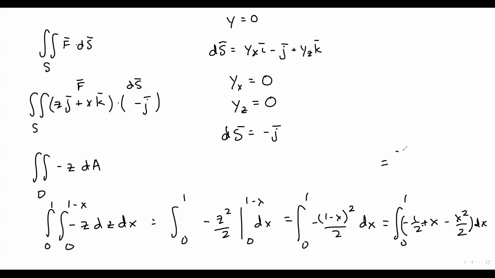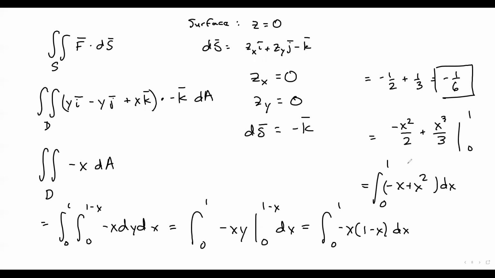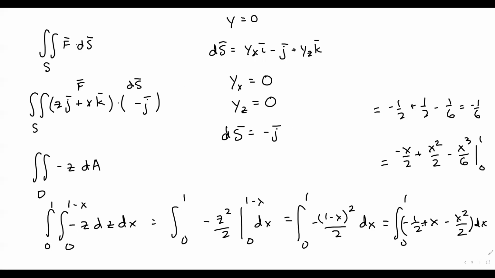This is going to be negative x over 2 plus x squared over 2 minus x cubed over 6, 0 to 1. And you're going to get negative 1/2 plus 1/2 minus 1/6 equals negative 1/6. I knew that was going to happen. Grr. All right, it is negative 1/6 again. Oh well.